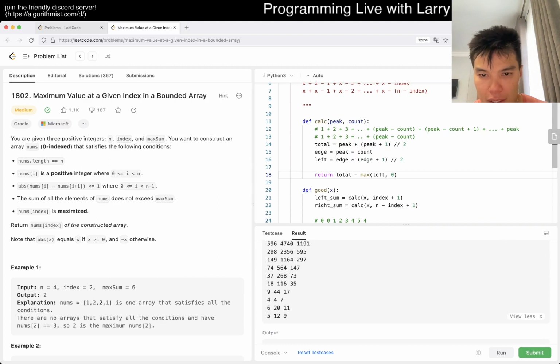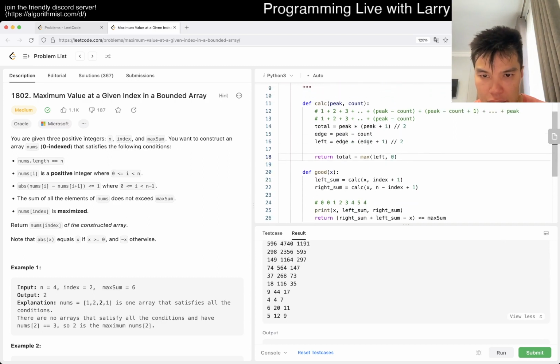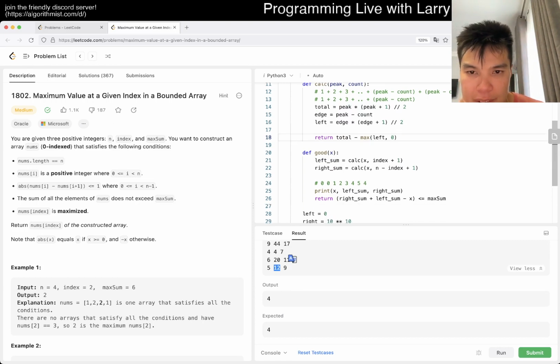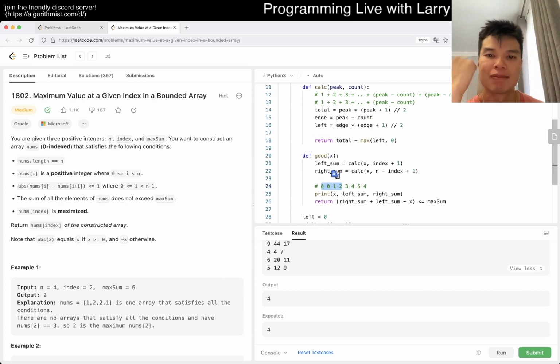Basically, it's still not fixed though, is it? I mean, we fixed the 9, so I guess that makes sense, and that is fixed. But left sum should be 9, 12, 14, 15. It's not doing this thing, so that's not great. Huh.